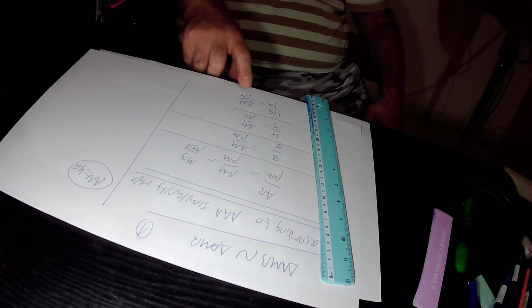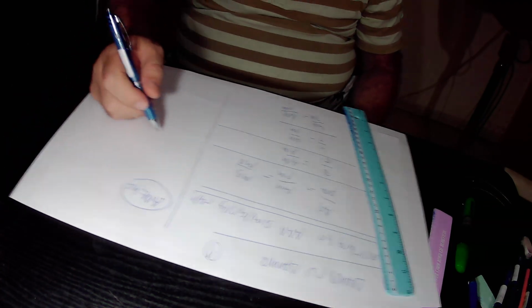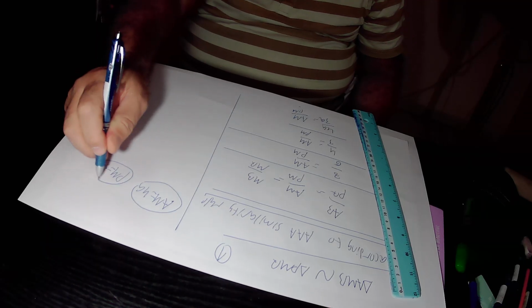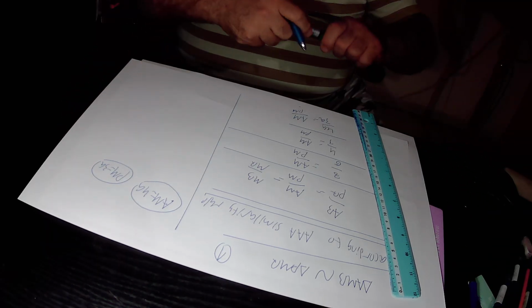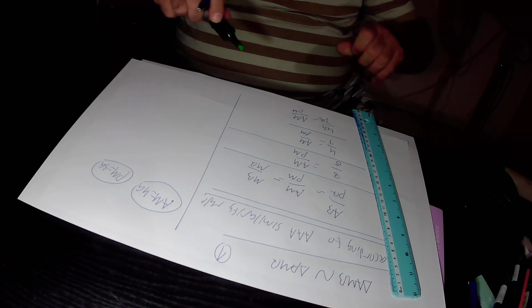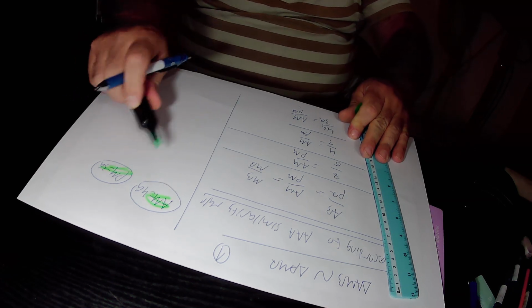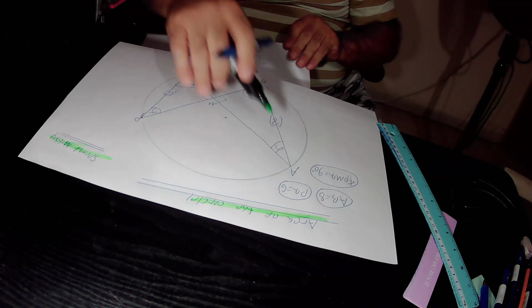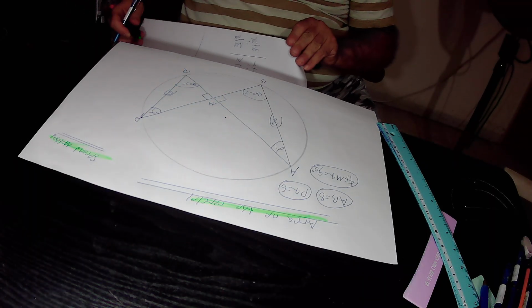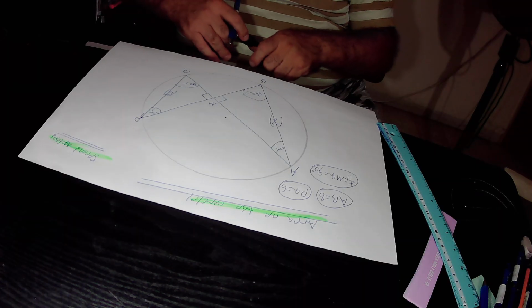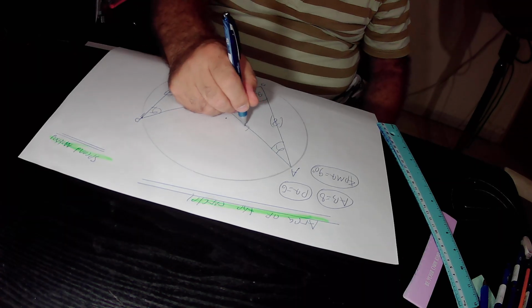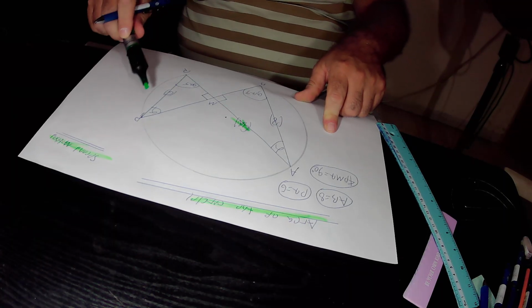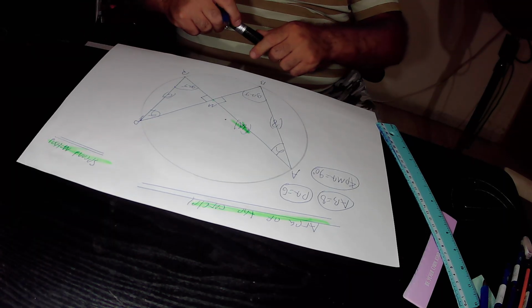This is to say, PM equals 3A. We actually found out that this side AM is equal to 4A, and this side PM is equal to 3A.